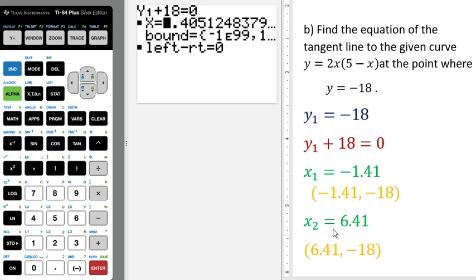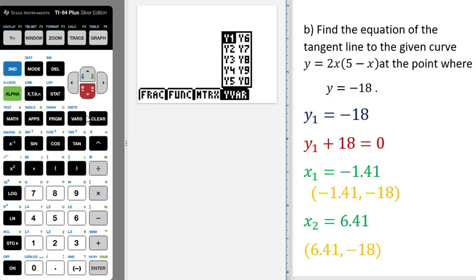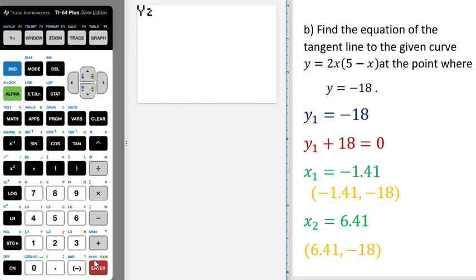We need to figure out the slope of a tangent line. So we quit, clear. You plug into y2. That's the first derivative, which means the slope of a tangent line. So alpha trace, I need y2. Then for the y2, I put the negative 1.41.